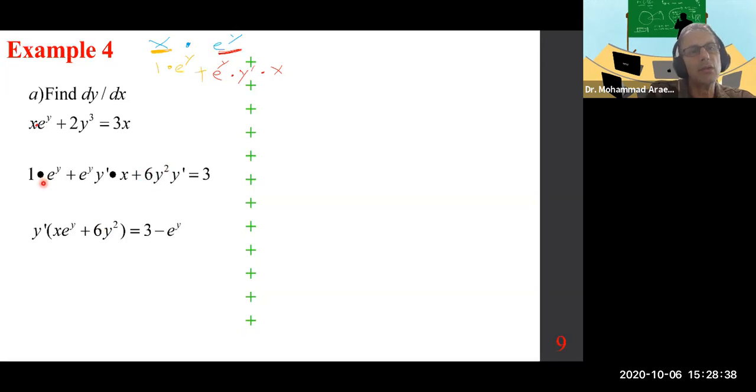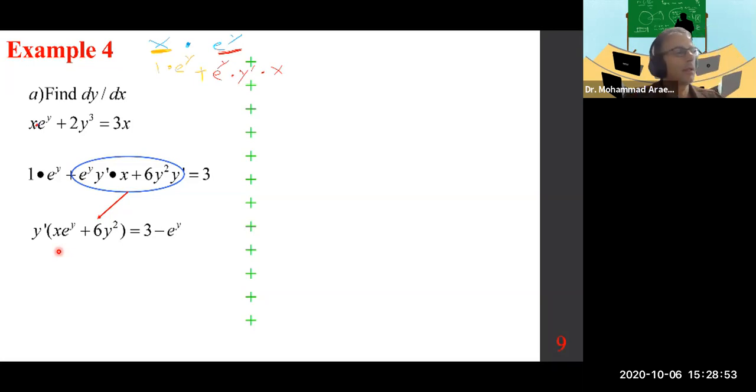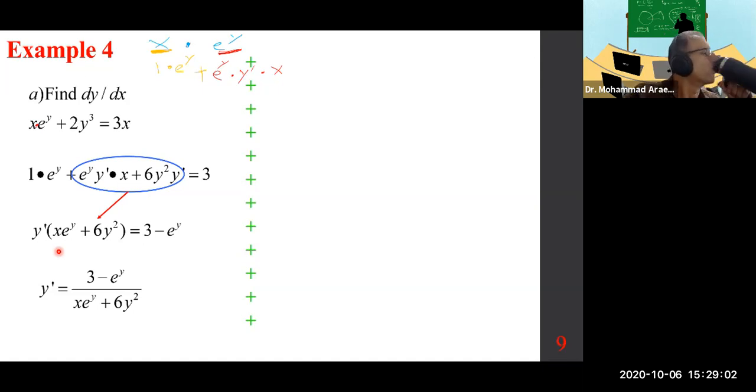And e to the power of y goes to the other side, becomes negative. You divide both sides by the parentheses, and you're done. This is the factored format, everybody, for that part. You factor it, you're done, everybody is happy. I hope you see that it's fairly simple, everybody. It's just a matter of practice, and it becomes easy.